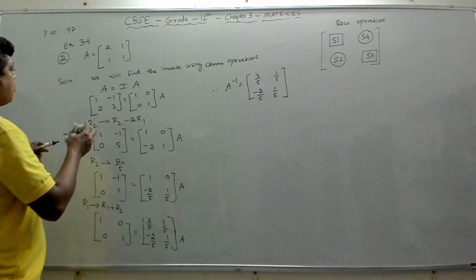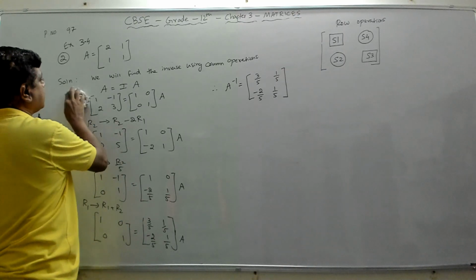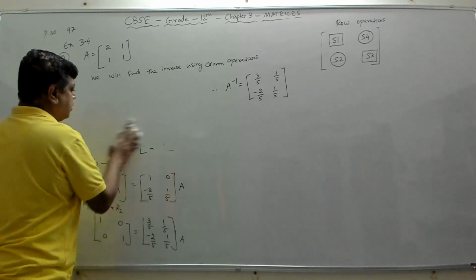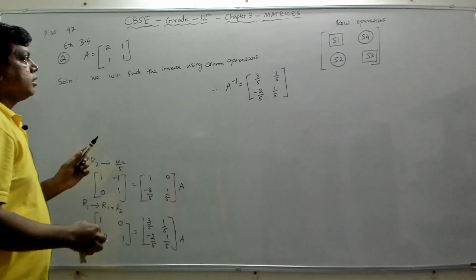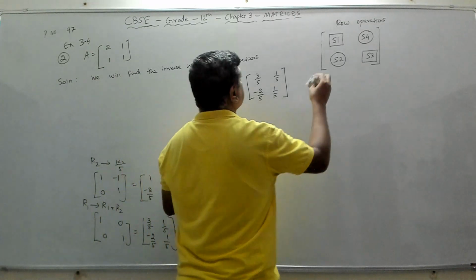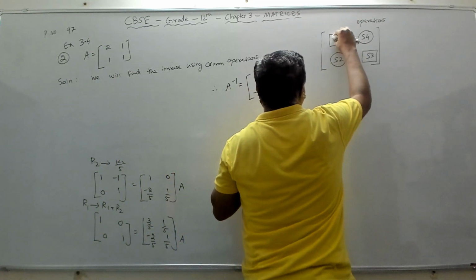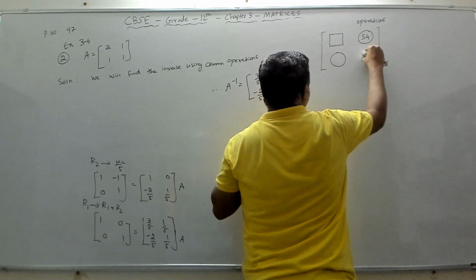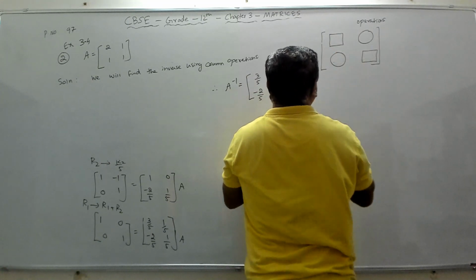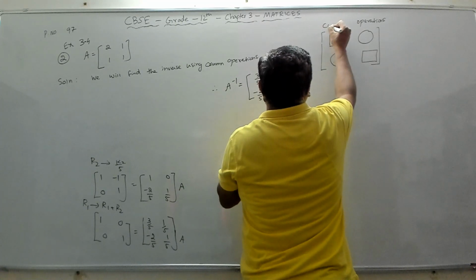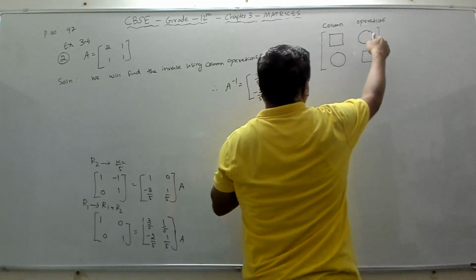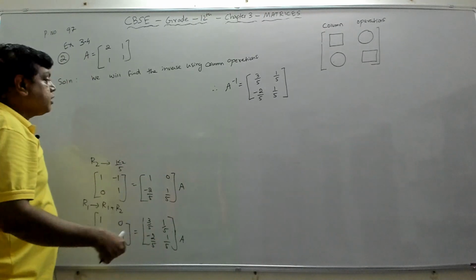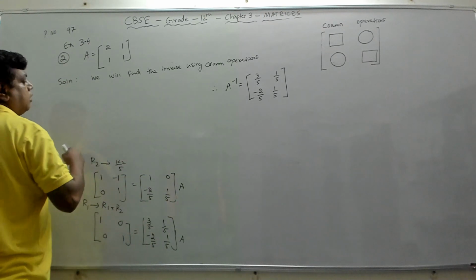So for the column operations, this tells you the order in which the steps have to be followed. I'll erase this also.